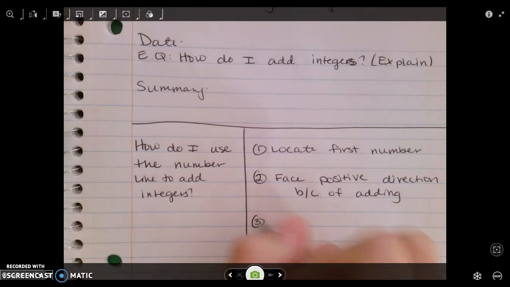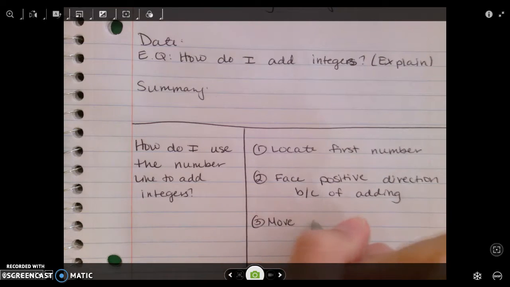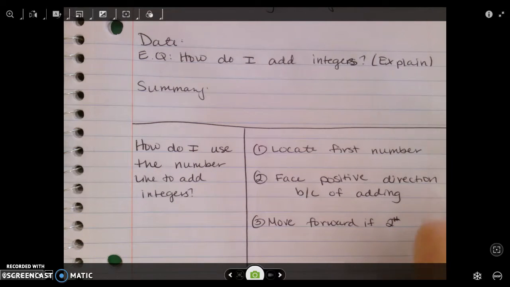And then your last step is you move forward if the second number is positive, and you move backwards if the second number is negative.